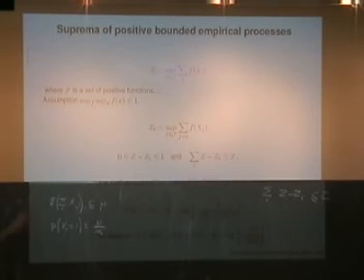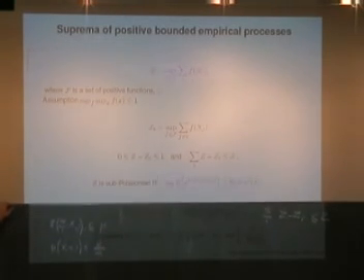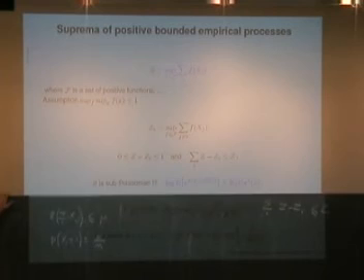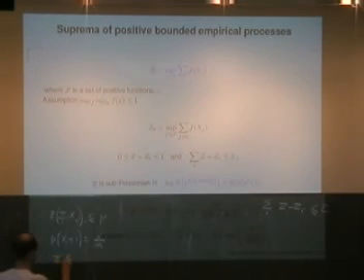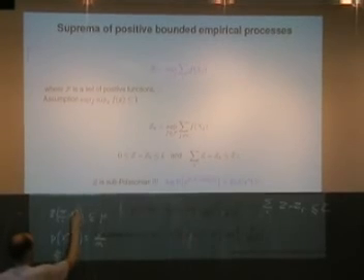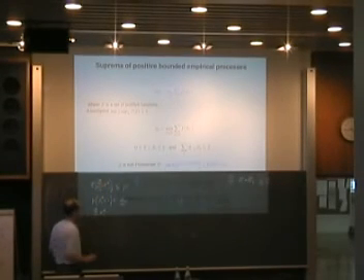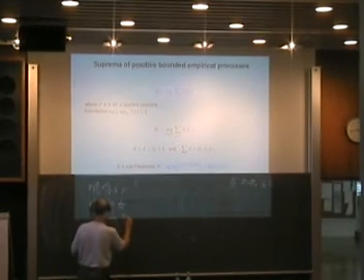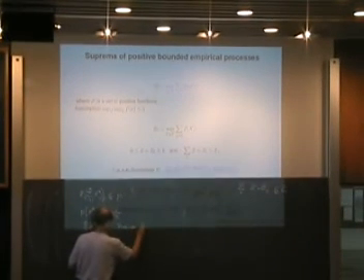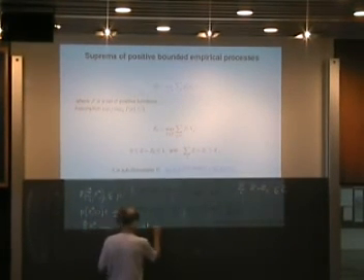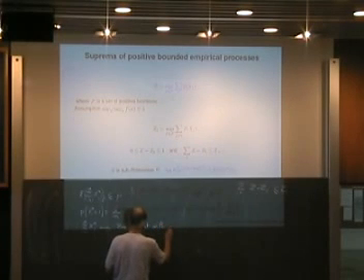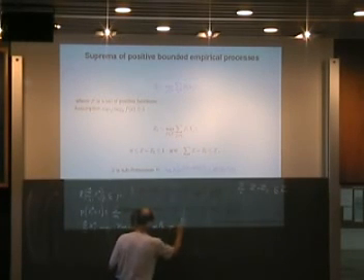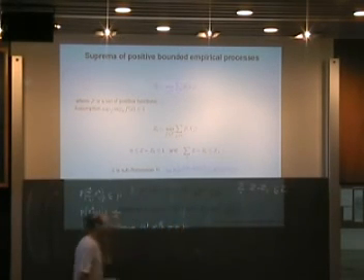Then there is something called the law of rare events that tells you that the distribution of, say, this sum will converge to the Poisson distribution with mean mu.